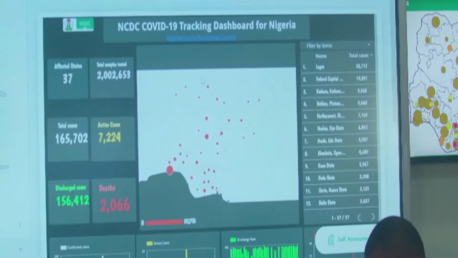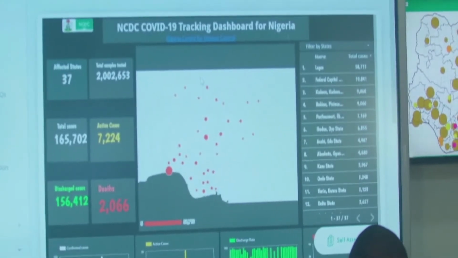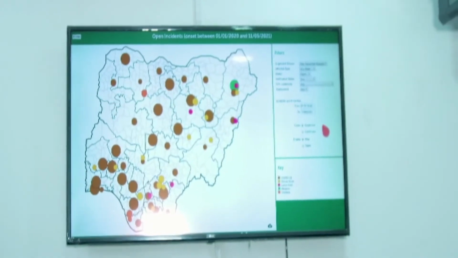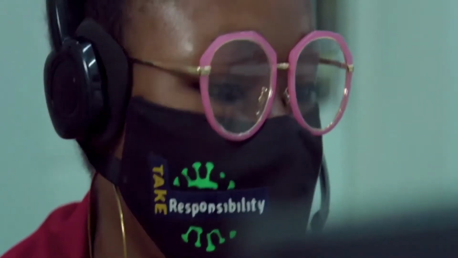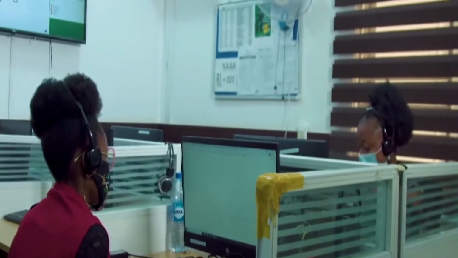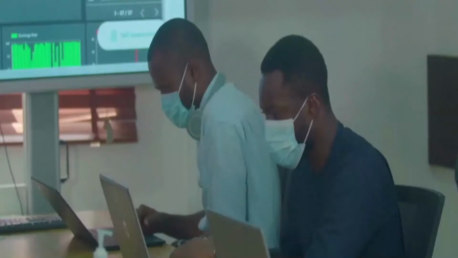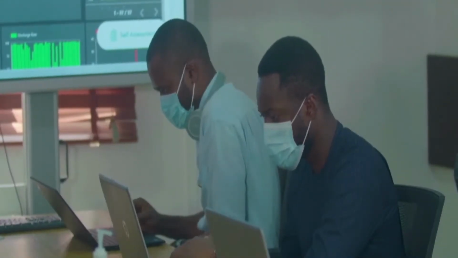At some point, we had teams in 32 of our 36 states concurrently, leading the response, the emergency operations centers, making sure we're getting the surveillance data, building up our information resources on our website. Our website became one of the most visited websites on the continent, as many other African countries were looking to the leadership Nigerians provided. At our Incident Coordination Center, people were working literally 14, 15 hours every single day.